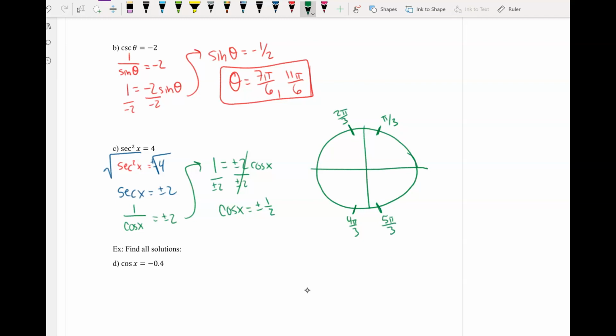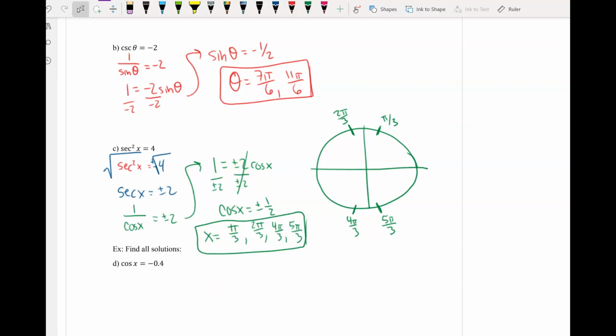So when I write my solutions, x is going to be all of these: pi over 3 first, then 2 pi over 3, 4 pi over 3, and 5 pi over 3. So these are 4 solutions, and it makes sense that we had 4 solutions because there was a plus or minus there.